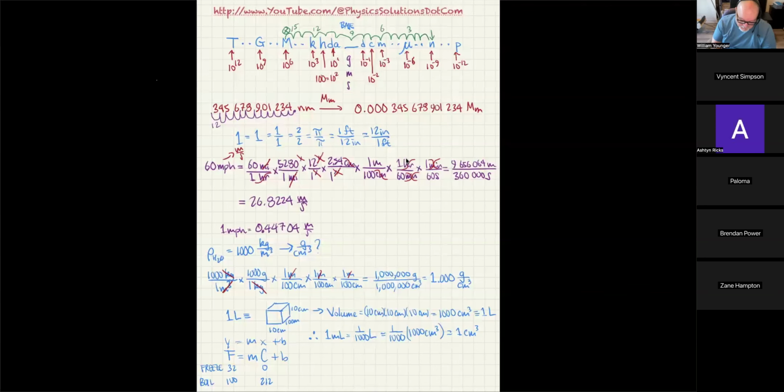You can use that first data, the 32 and the 0, to solve for b, and what you'll find is b is equal to 32. Now that you know b, you can use the other data, the 100 and the 212, to find out m. And what you'll find out is m turns out to be 9/5. So that's a way you can always derive the expression for converting units between Fahrenheit and Celsius.